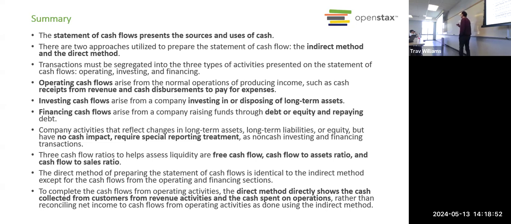Either way, whether you're using the direct or the indirect method, you also have the investing section that looks at any investments into the company that the company has made or any investments in other companies. And then you have the financing section, which would include any loans that the company took out, bonds that they issued, and stock that they issued, plus any other related transactions.